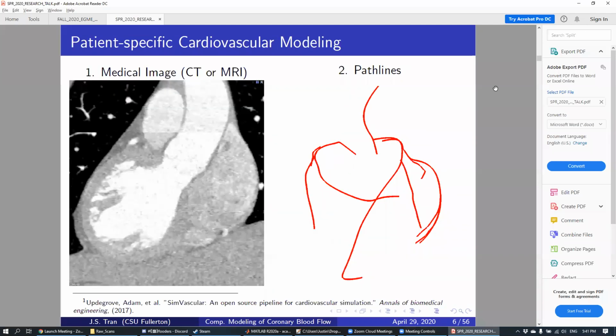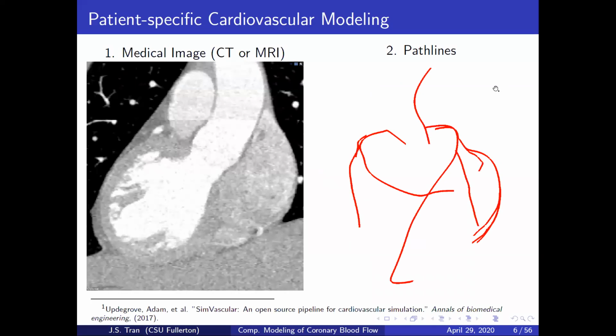And so relative to what we use in ANSYS, the challenging part with cardiovascular simulations is obtaining the geometry. The way that we obtain it is through medical images. What you see on the left here is a typical CT scan or MRI.